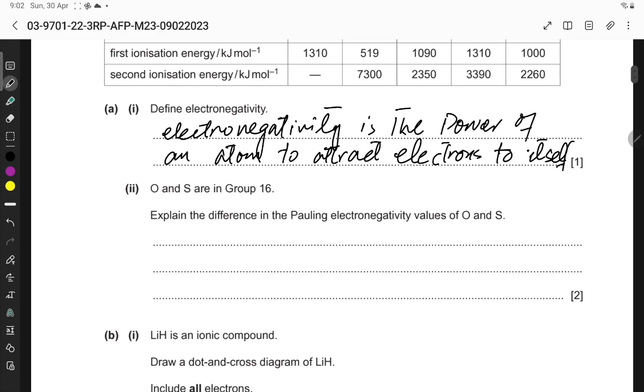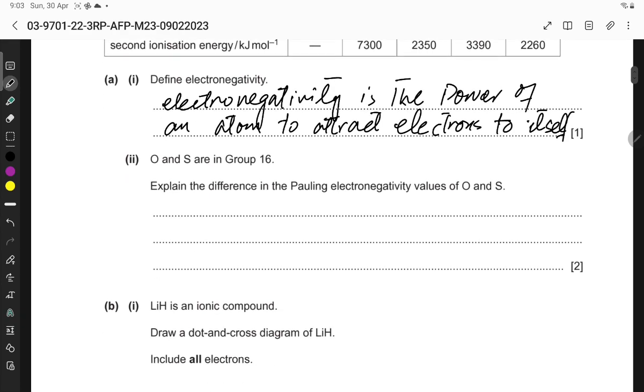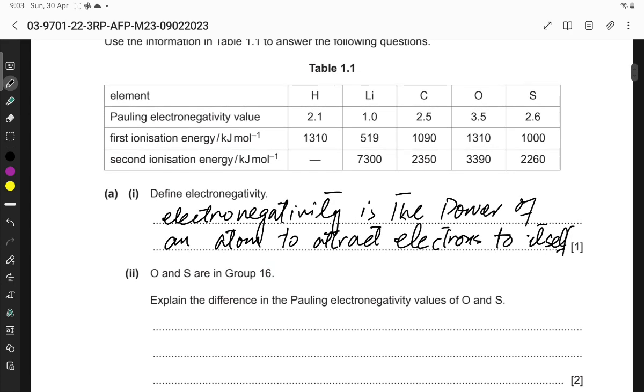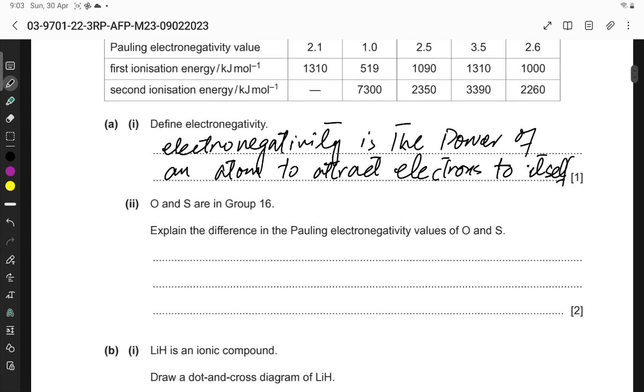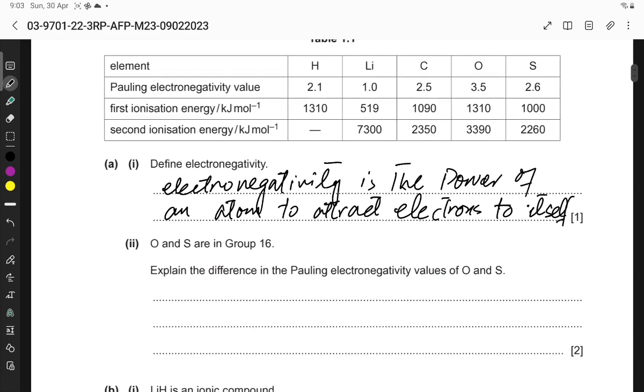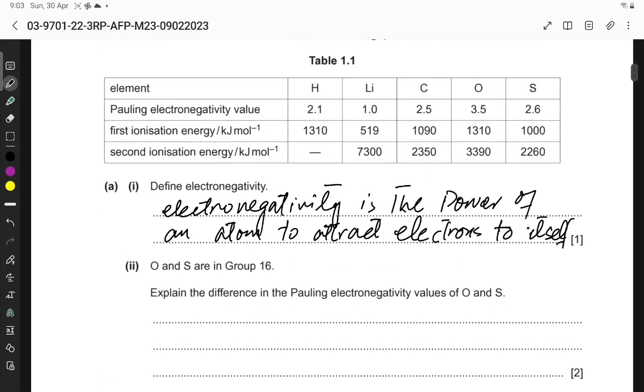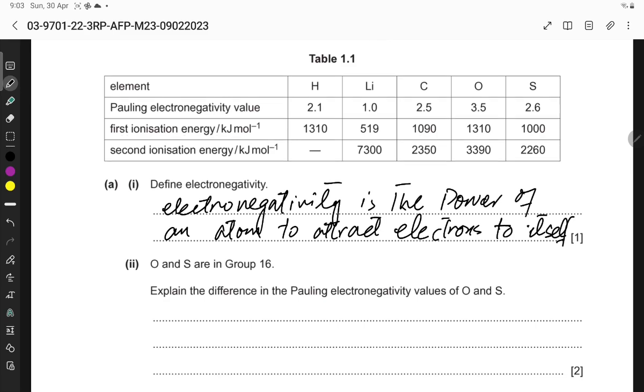Oxygen and sulfur are in group 16. Explain the difference in Pauling electronegativity values of oxygen and sulfur. Oxygen has 3.5 while sulfur is 2.6.